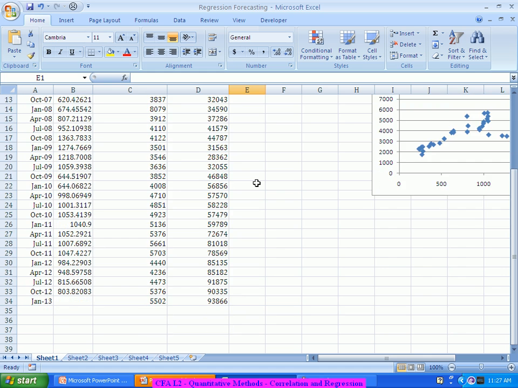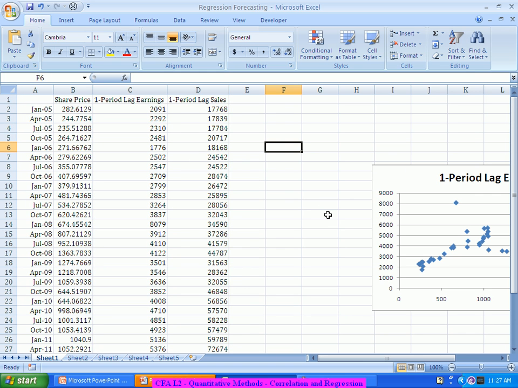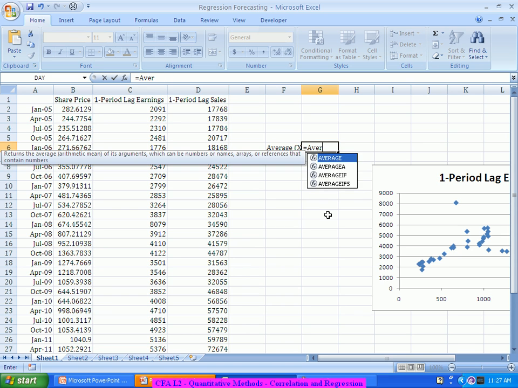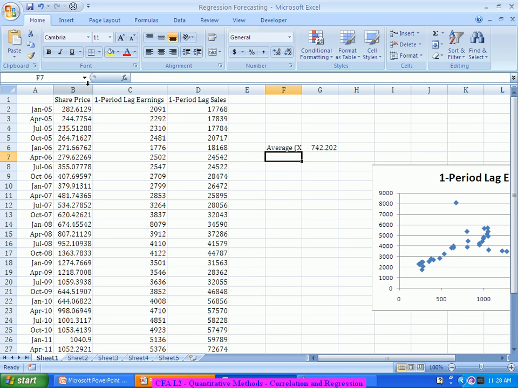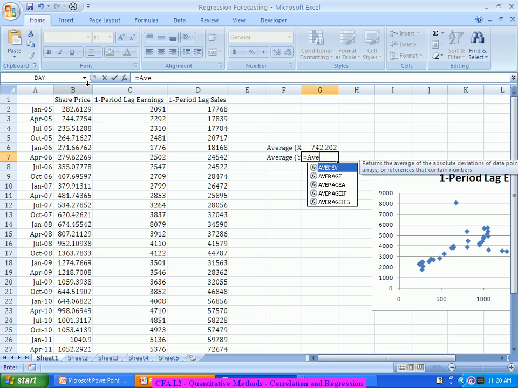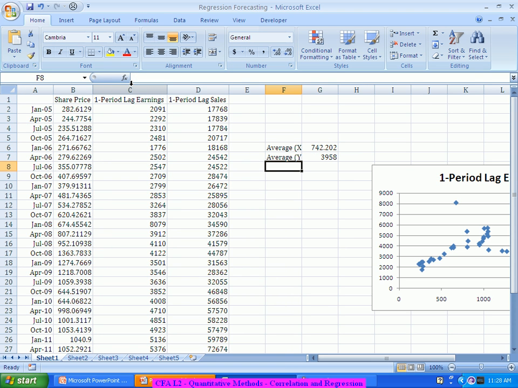So first thing, just as a quick refresher, the x bar is a simple average of the values, average of x, and y bar is the average of y. So here I am taking y as the 1 period lag earnings and x as the share price. So I am taking the average of 1 period lag earnings. So this is what it is.